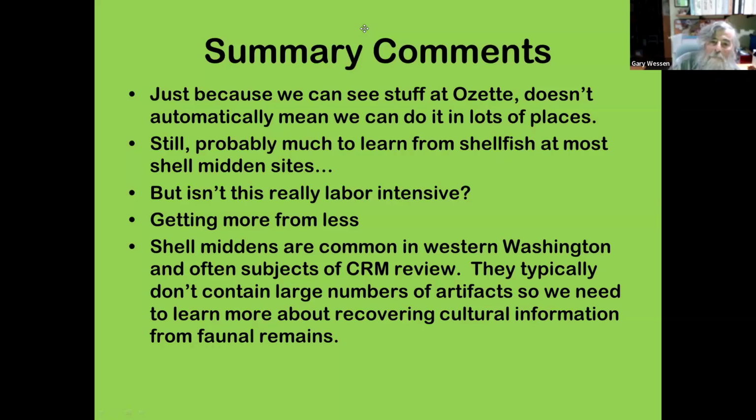You know, most dry shell middens have most of the artifacts in Western Washington as bone objects. Some parts of Western Washington have a fair amount of chipstone in the middens. Other parts don't. On a lot of the Olympic Peninsula, particularly the Western Olympic Peninsula, we don't see very much chipstone.